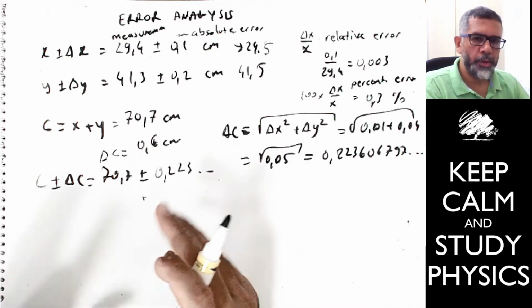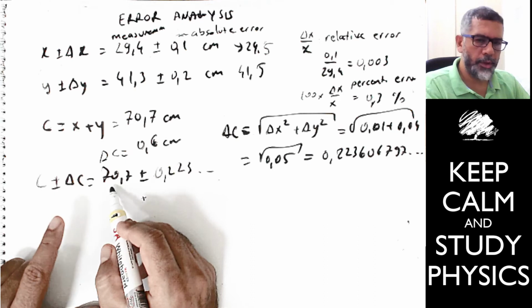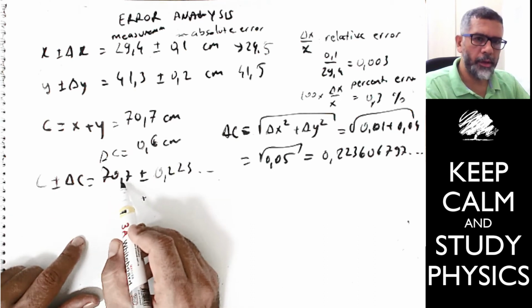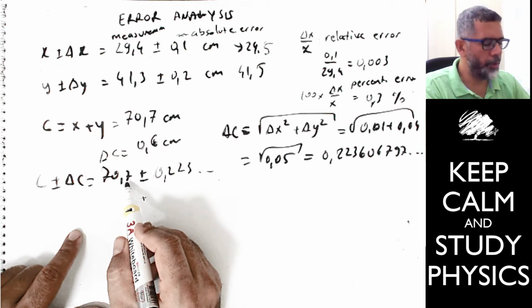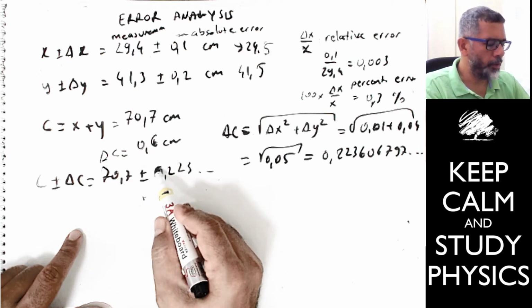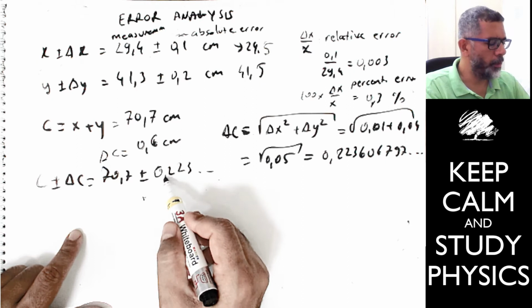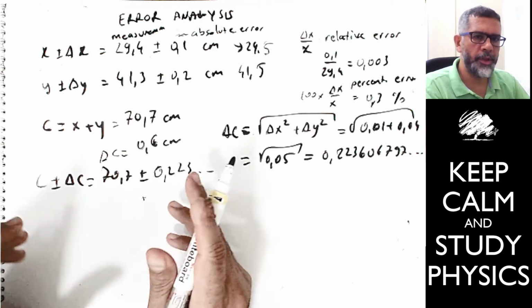Okay, so the rule says you just look at your result. Your result has only one digit after the decimal point, so the error part must have only one digit after the decimal point. This is the rule.